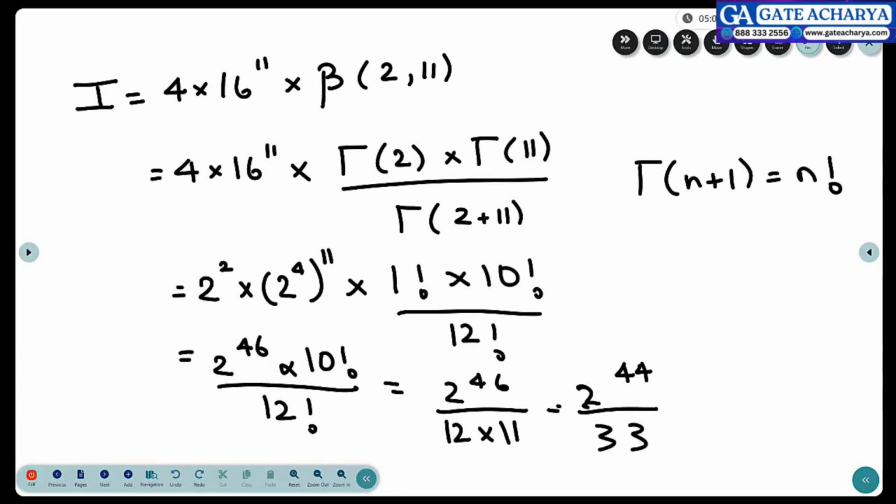So 46 will become 44, divided by 11 into 3. Obviously, this cannot be simplified further. Stop here. Okay, understood how to handle beta gamma functions. So guys, this is the end of this.